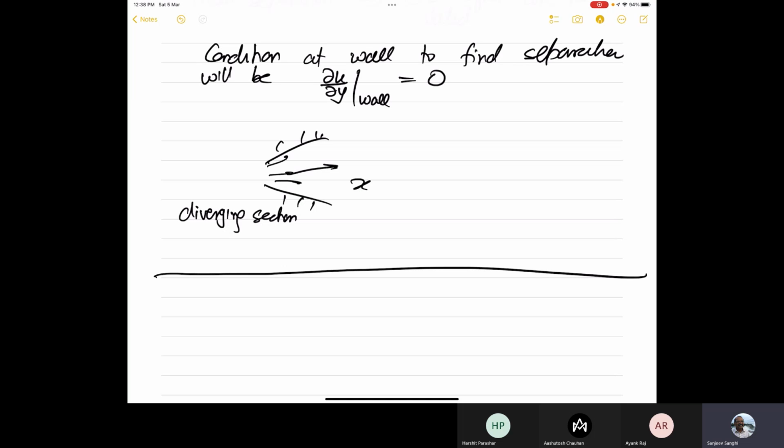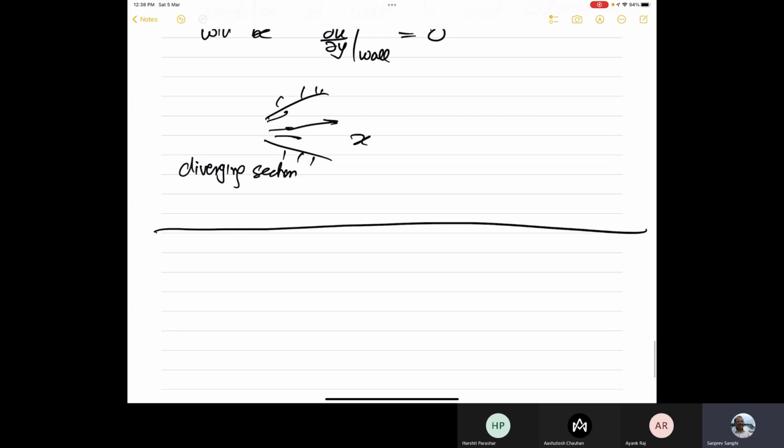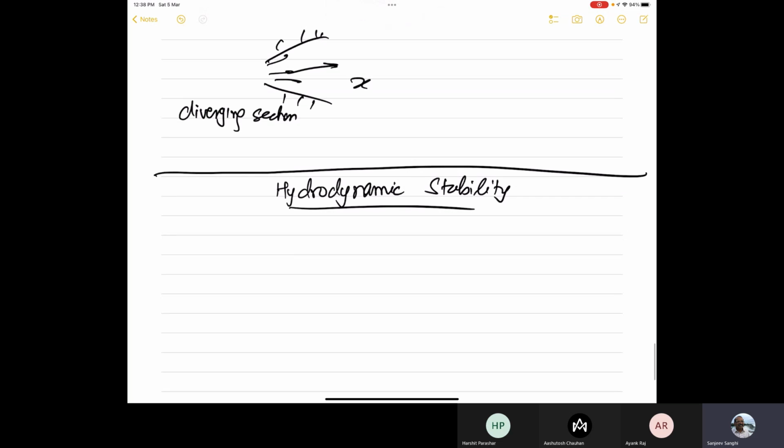So this sort of brings us to the end of the boundary layer. Next, what we will do is we will move to the topic of hydrodynamic stability. But before that, and that's what I'm going to do in the remaining part, a simple thing. I'll talk a bit more of maths.